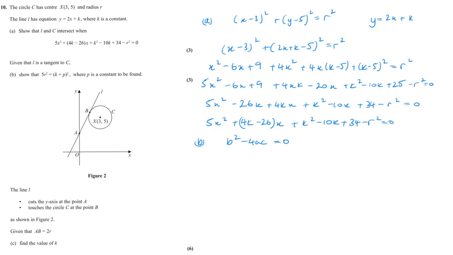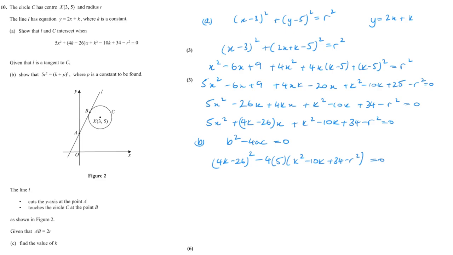And here's my A, my B, and then this is my C. So b squared is 4k minus 26 squared minus 4 times 5 times k squared minus 10k plus 34 minus r squared, and that equals 0.